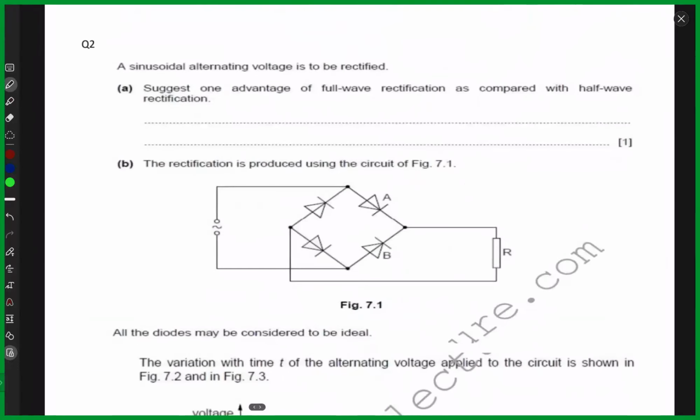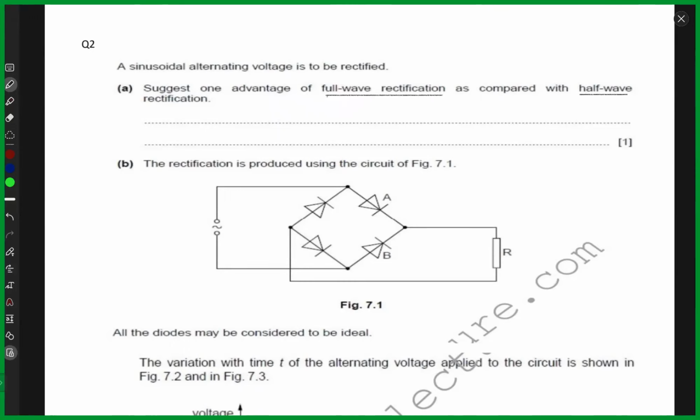So let's move to the next problem. Here we have a sinusoidal alternating voltage, which is to be rectified. Suggest one advantage of full wave rectification as compared with half wave rectification. What's the advantage?